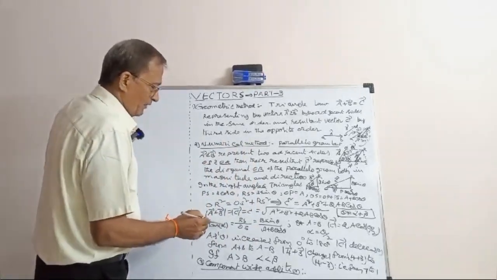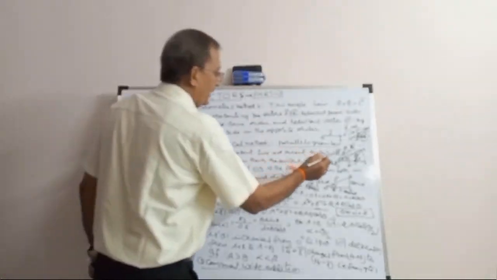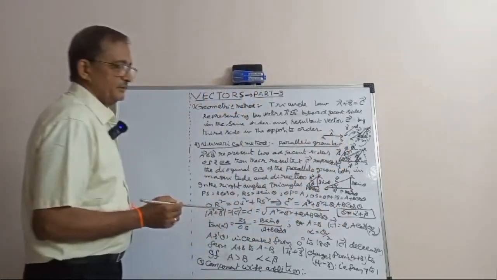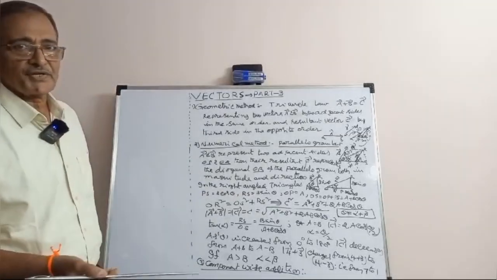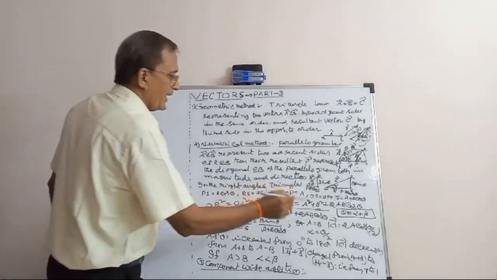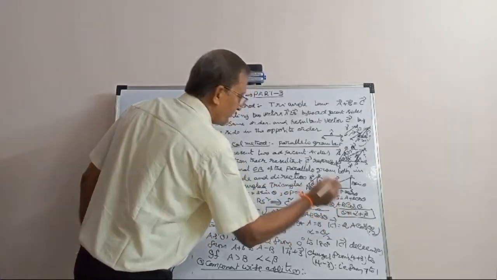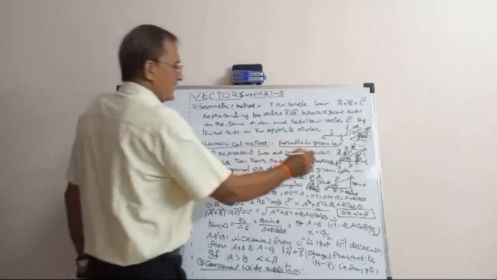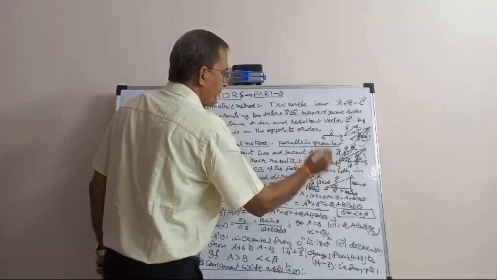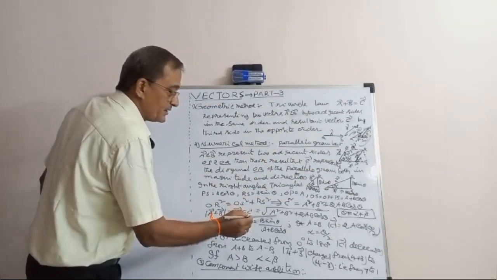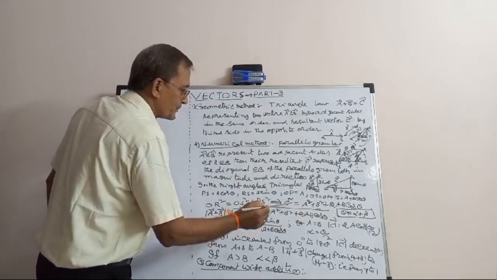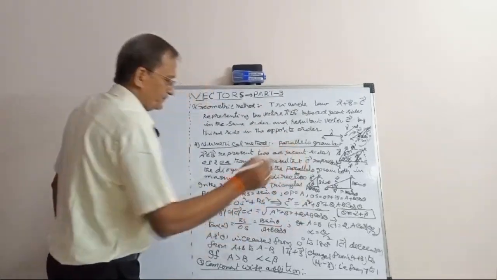So if you know alpha, you can find beta because theta is the sum of alpha plus beta. You need not have a separate equation for beta. Simply by measuring alpha, you can measure the value of beta. That means the direction of the resultant vector is completely described by alpha and beta, and the magnitude is given by this formula, root of A square plus B square plus 2AB cos theta.